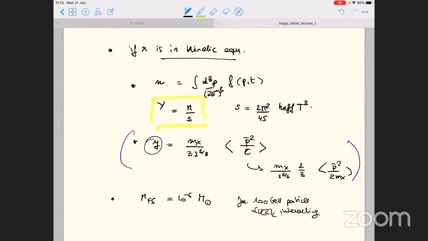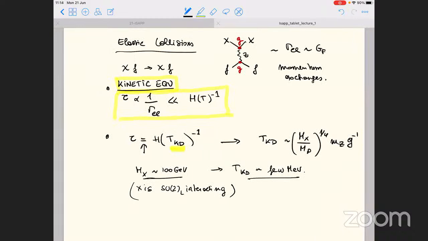It depends essentially on what you are assuming about your particle. Here I'm assuming a particle for which the kinetic decoupling is here.